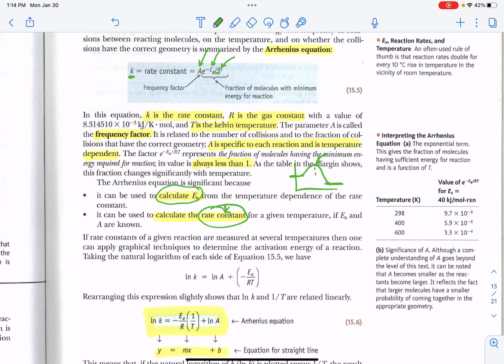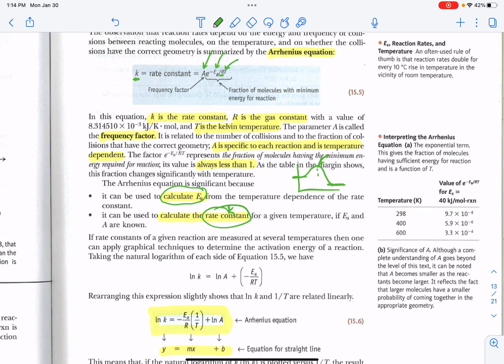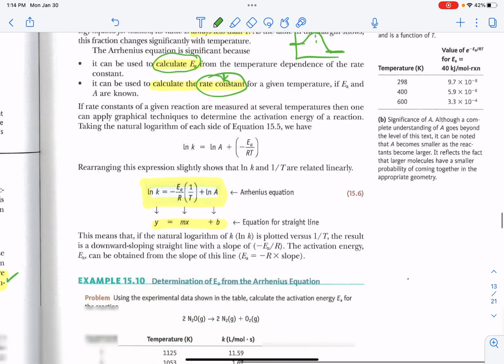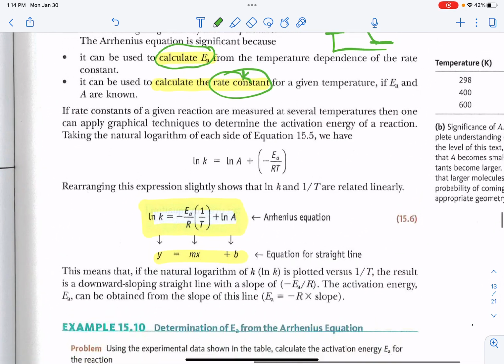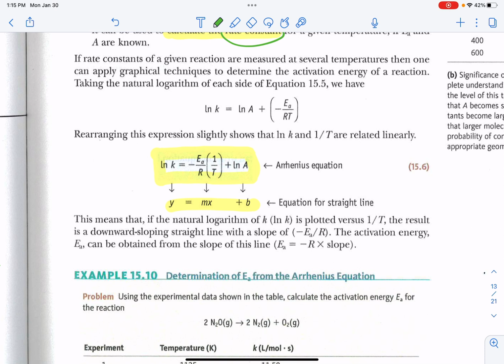So if we put it into a form, if we take the natural log of both sides of that equation, and then algebraically manipulate it a little bit, we get this equation right here, the Arrhenius equation. So where I am on my y-axis, that's the natural log of my constant.